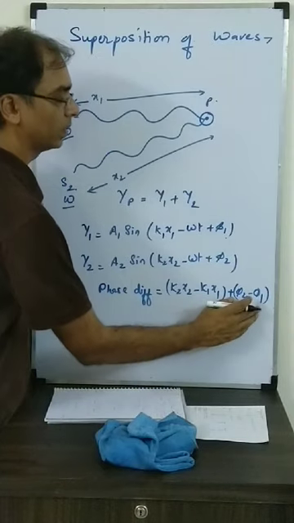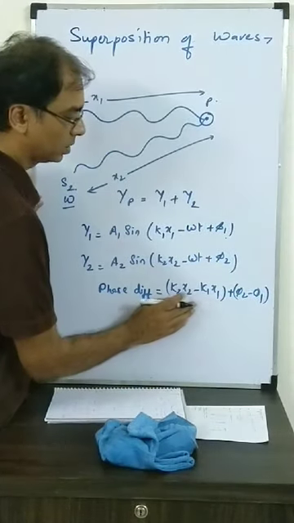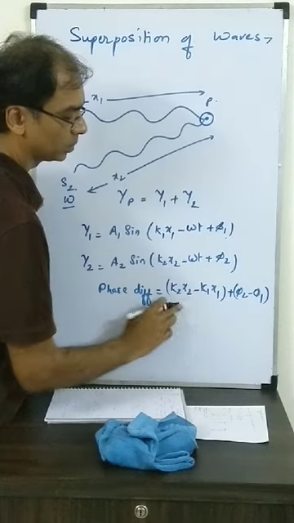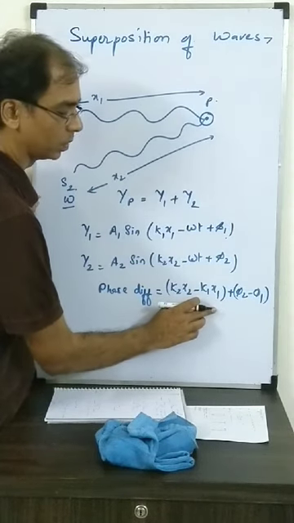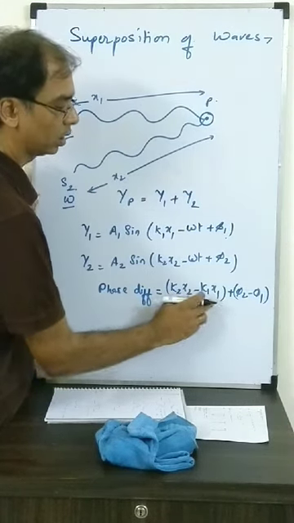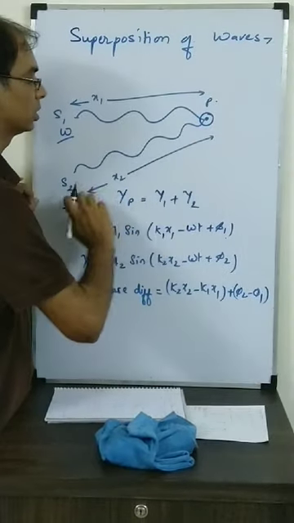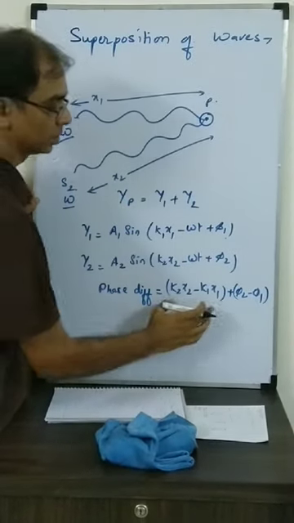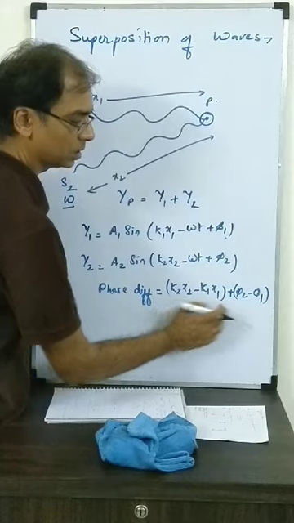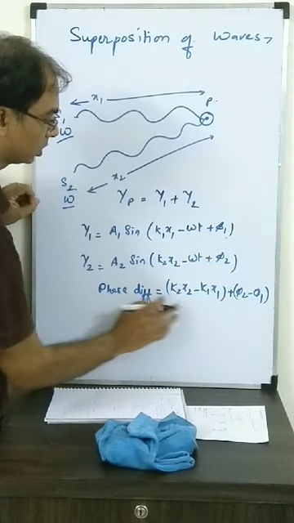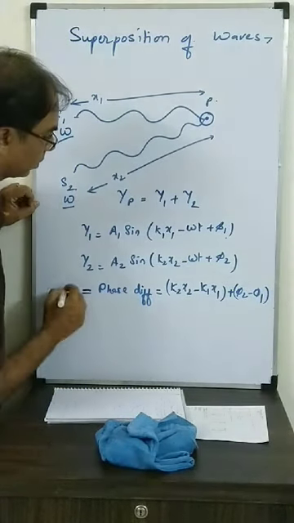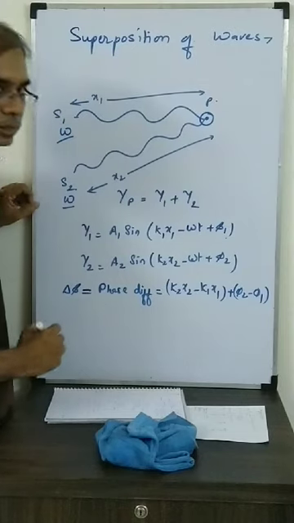Now this phi 2 minus phi 1 is the initial phase difference, whereas this is the phase difference because of the paths travelled by the two waves. x1 and x2 are the positions of that point. So this is because of the path difference and this is the initial phase difference. Now this total we are writing as delta phi.